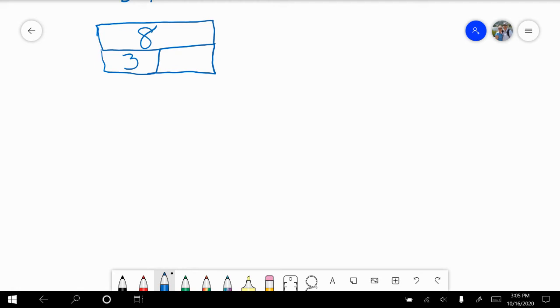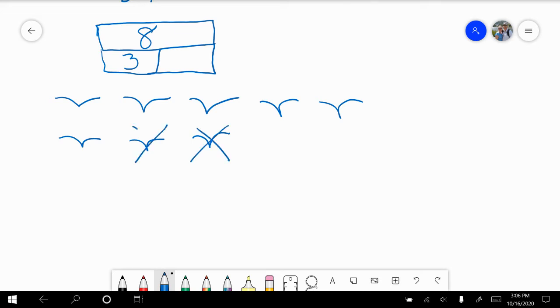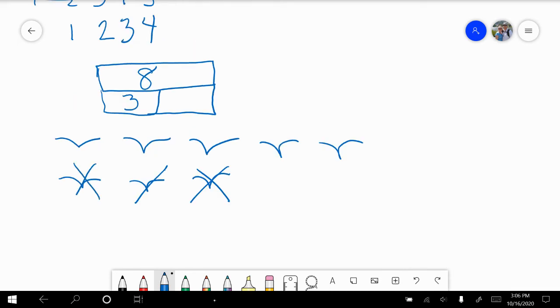So we draw our 8 birds. 1, 2, 3, 4, 5, 6, 7, 8. There are 8 birds. 3 fly away. 1, 2, 3.